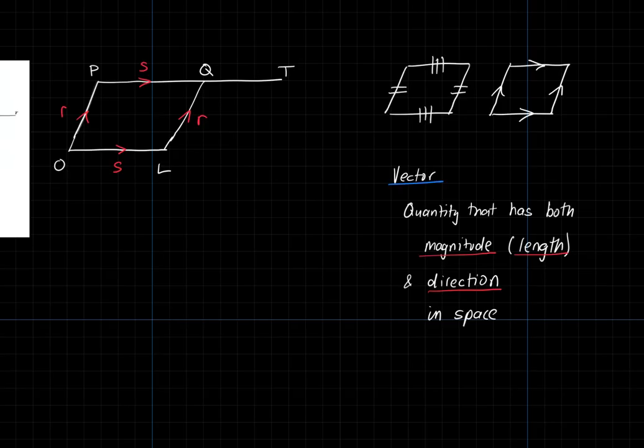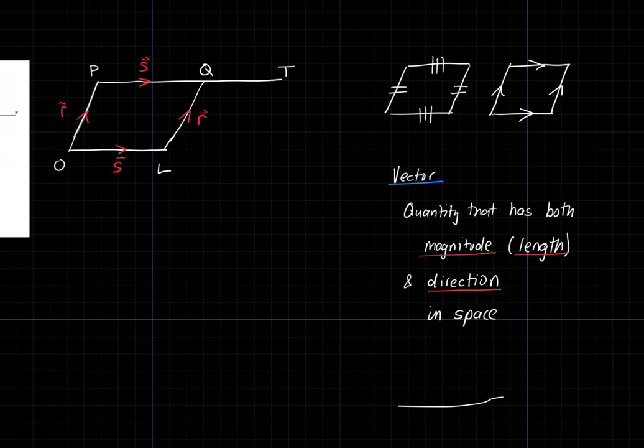So OP, this vector OP goes from O to P. That's the direction it goes, and it's represented by R. And LQ is also represented by R because it is parallel to OP and of the same length or magnitude.